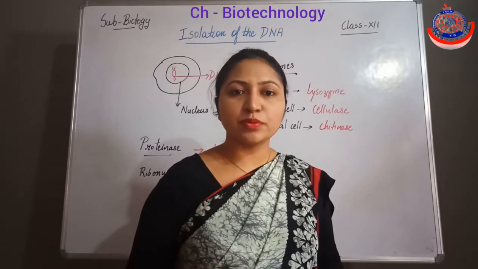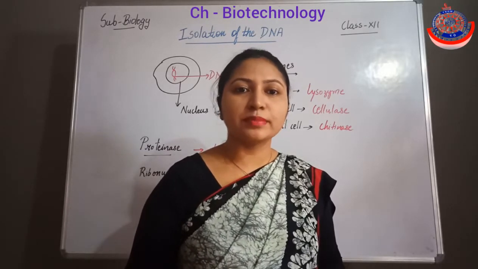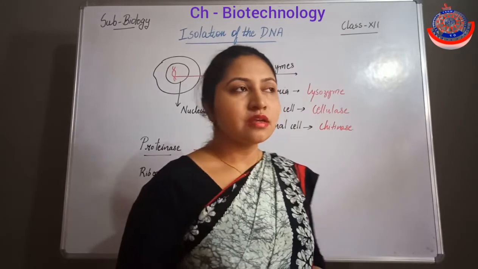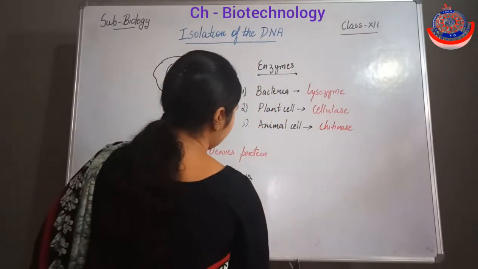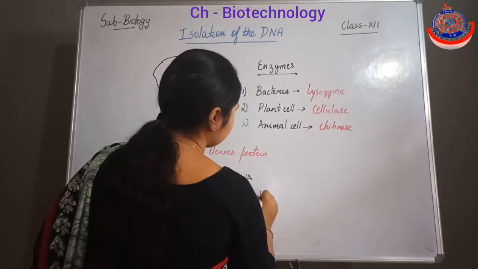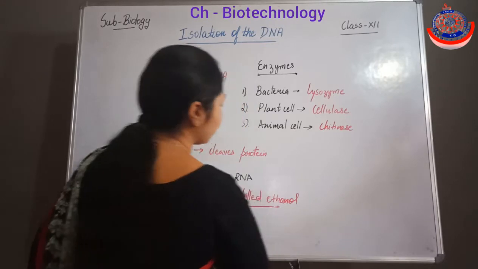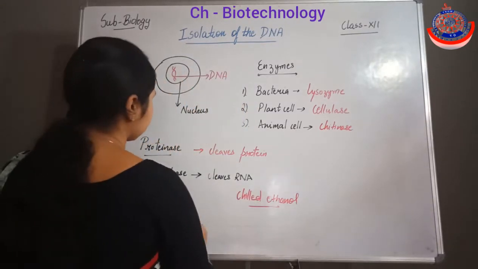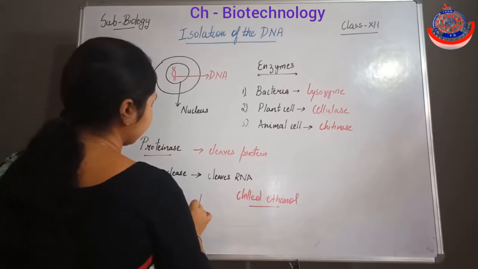Now we want the pure DNA form. How will we extract the pure DNA from the cleaved macromolecules? After this, chilled ethanol is added. When the chilled ethanol is added, it precipitates the DNA.